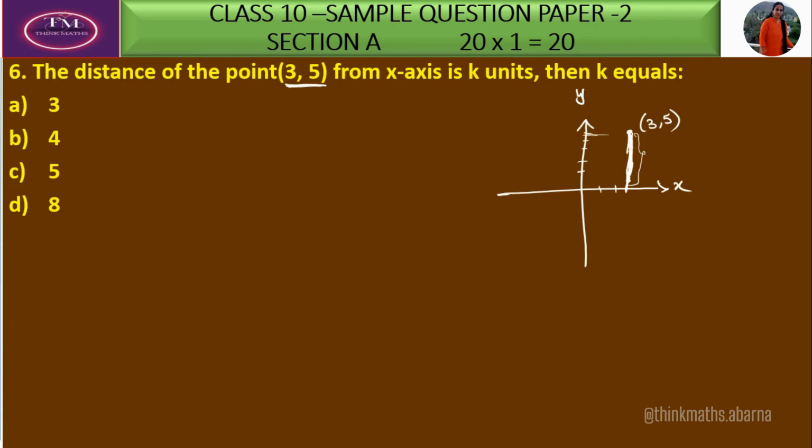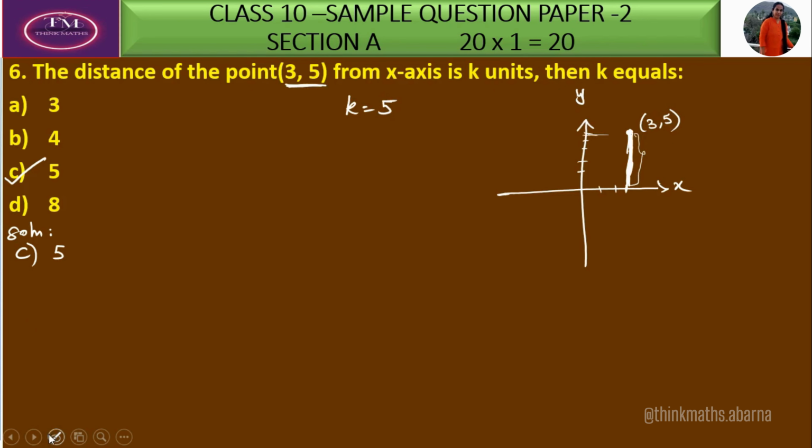From the x-axis to the point 3 comma 5, we have the distance as 5. So option C. The solution is C, 5 is the right choice.